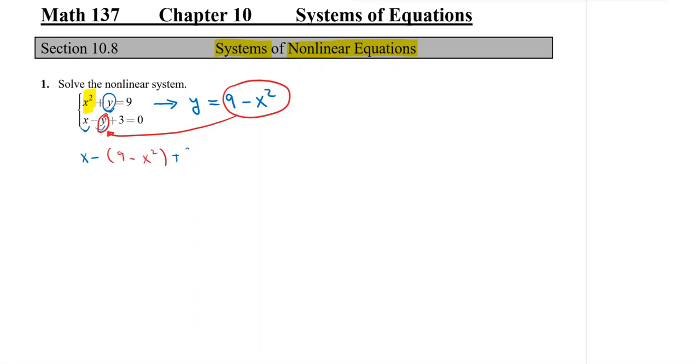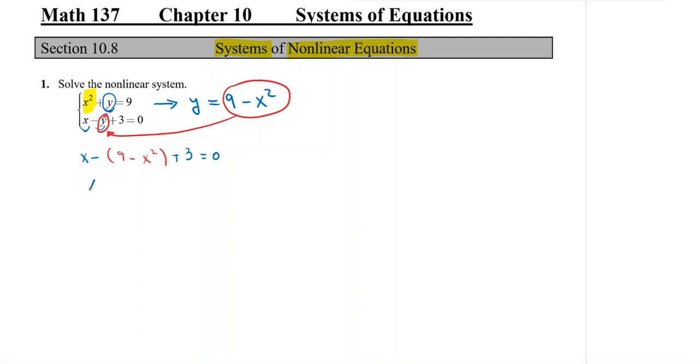Everything else we keep the same. So now we have an equation in just one variable. The difference between this and what we did with 2 by 2 linear systems is that now we have a nonlinear equation to solve. It's in fact a quadratic equation. So you'll have to switch gears to, okay, how do we solve a quadratic equation?